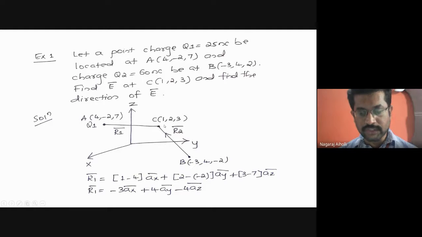Therefore we get (1 minus of minus 3) AX bar plus (2 minus 4) AY bar plus (3 minus of minus 2) AZ bar. This R2 bar is 4AX bar minus 2AY bar plus 5AZ bar. Then find its magnitude, given by square root of 4 square plus (-2) square plus 5 square. That comes out to square root of 45.